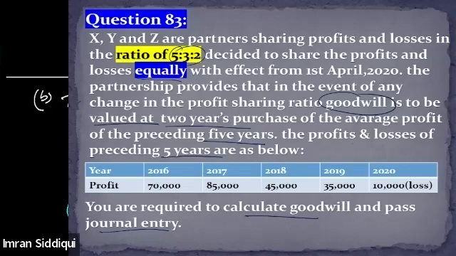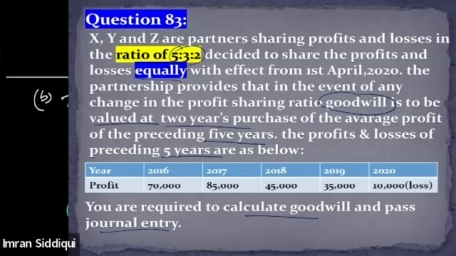Number 2, if goodwill is appearing in the balance sheet given in the question, on the asset side, if you are able to locate the goodwill written over there, then this also means that it is purchased goodwill. All right, so there are two conditions. Number 1, if it is purchased goodwill, the question will specifically mention that. How will it mention? It will say that goodwill is appearing in the books.